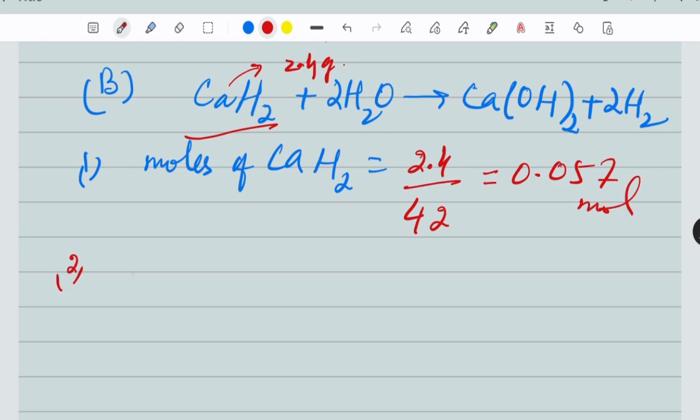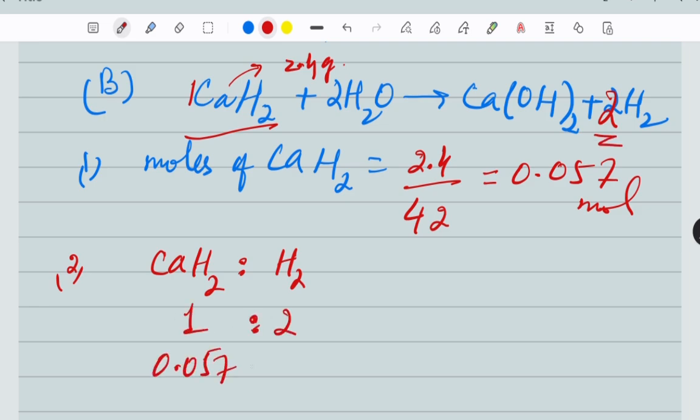Then in the second step we will do the ratio method. CaH2 to hydrogen: 1 mole of CaH2 reacts with 2 moles of hydrogen. So I will write here 1:2, and 0.057 multiplied by 2 gives 0.114 mole.